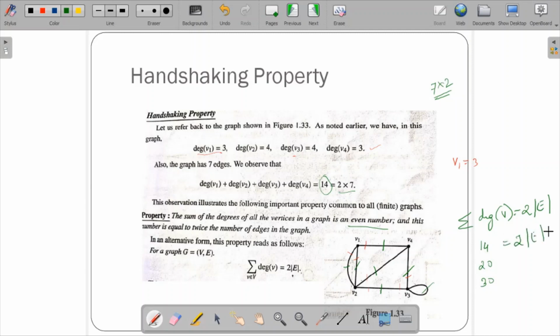Here you get the number of edges as 7; with 20, 2E equals 20 so edges is 10, and with 30, edges is 15. This is a well-known property you are going to use while solving problems. So this is the definition of the handshaking property.